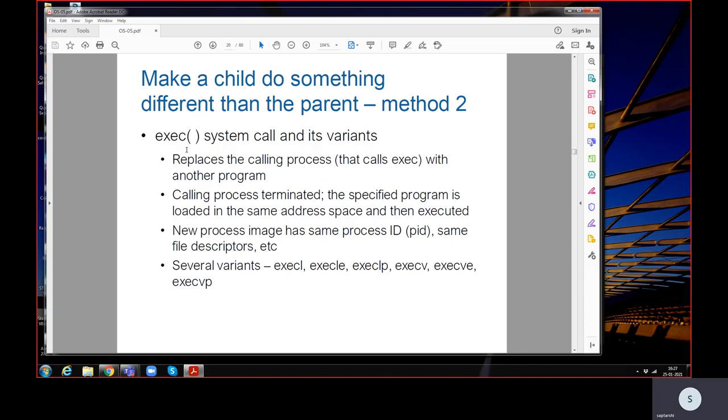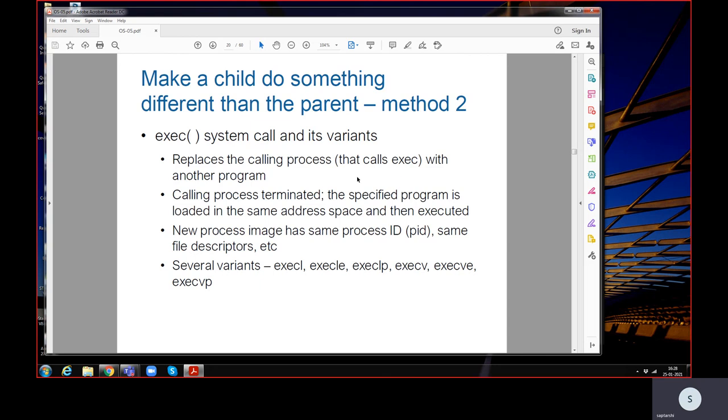While calling exec, you have to specify an executable code, and executable code can mean any exe or something similar in Linux. For example, it can be the ./a.out file that you have created using a compiler on a C program. So that kind of executable file you will have to indicate along with exec. So exec takes as argument some such executable file, and that specified program will be loaded in the same address space as the calling process.